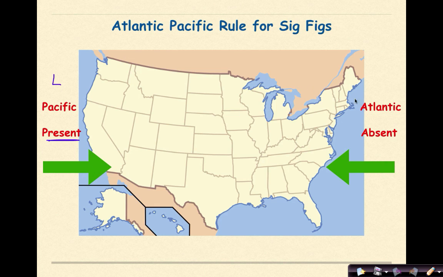If the decimal is absent, we start over on the Atlantic side, the right side, and go across until we hit our first non-zero number, and then every number, including that non-zero number to the left, is significant. So what do I mean by that?